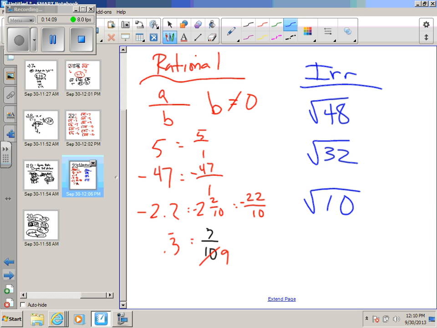What do you notice? Are these perfect squares? No. So when you have those square roots where the radicand is not a perfect square, that's going to be a majority of your irrational numbers. Like I said, there are many, many more rational than there are irrational. Any questions?